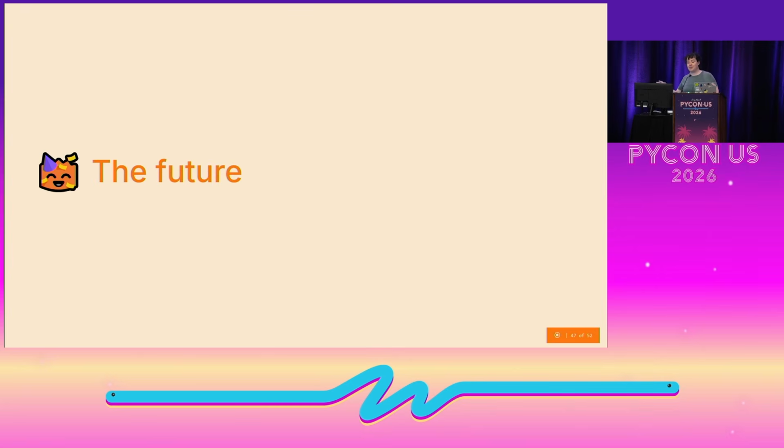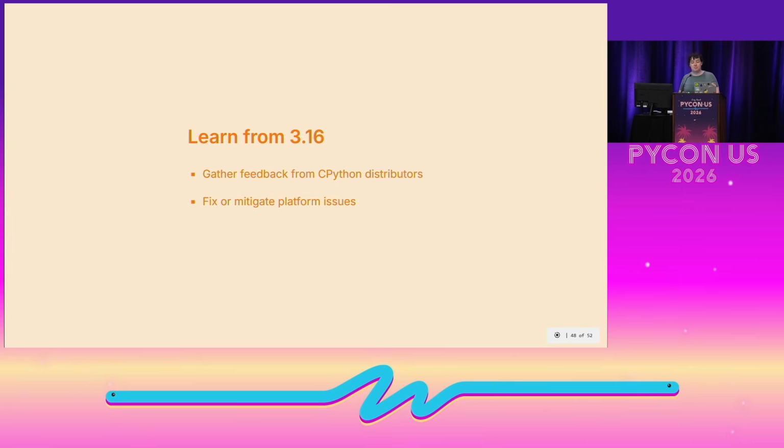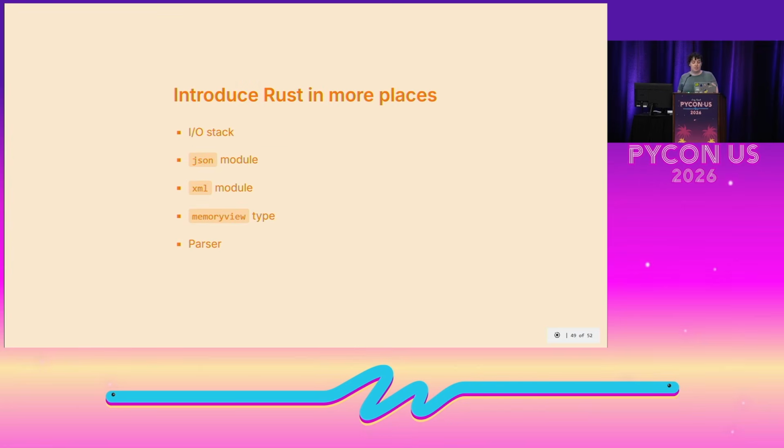So let's talk about the future. After 3.16, we're hopefully going to hear from people where Rust is not available or introducing Rust would be an issue, and then fix or mitigate those issues. And then another is to introduce Rust in more places.